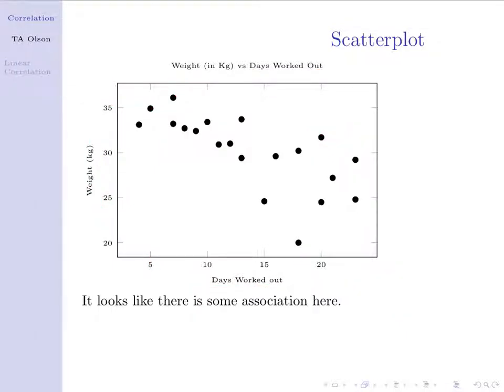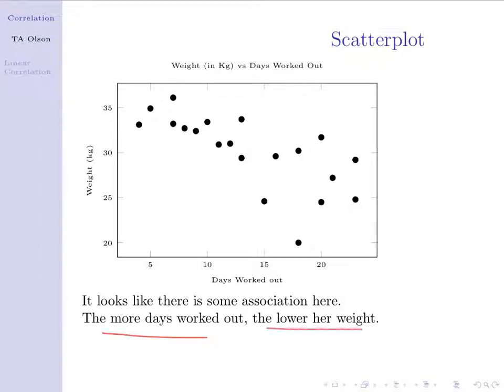But if we just look at the pattern, it looks like there's some association here. As the number of days we work out per month goes up, our weight seems to go down. Okay? So there seems to be an association, right? The more days worked out, the lower the weight.